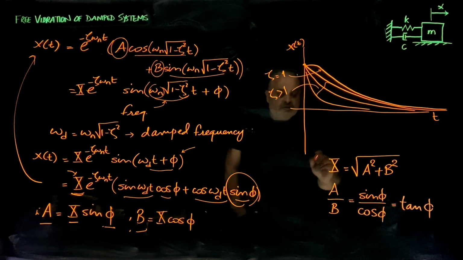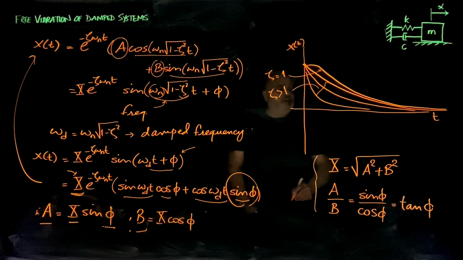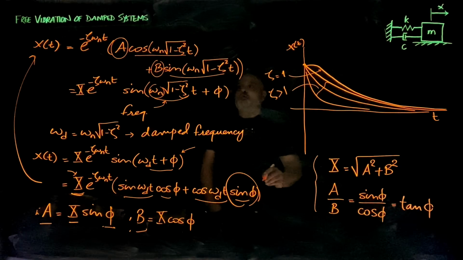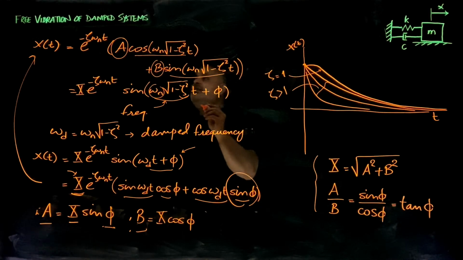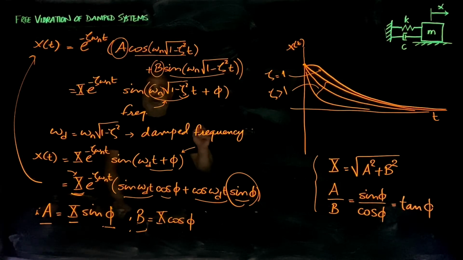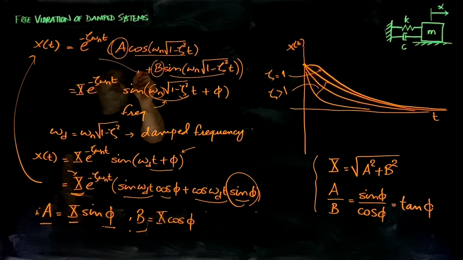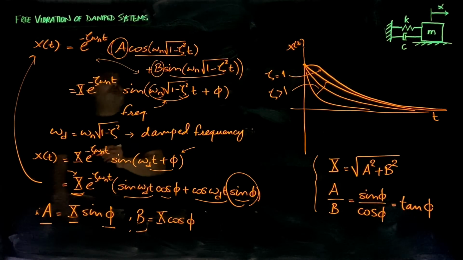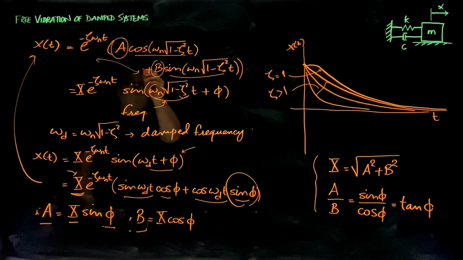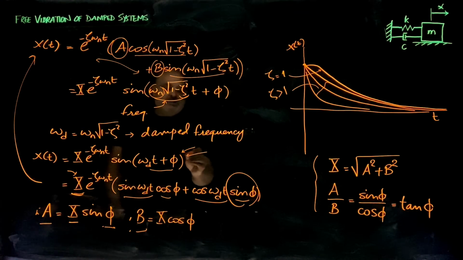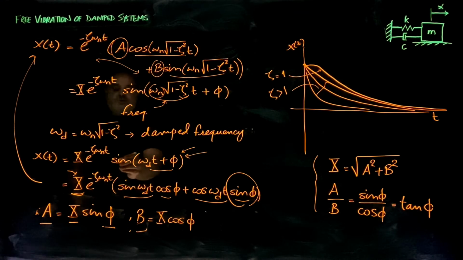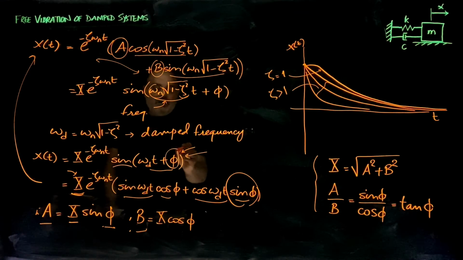So now I have these two relations that let me move from one form of x of t, which is the sum of two sinusoidal functions, cosine and sine, to this form, which is just one sinusoidal function with a phase angle.